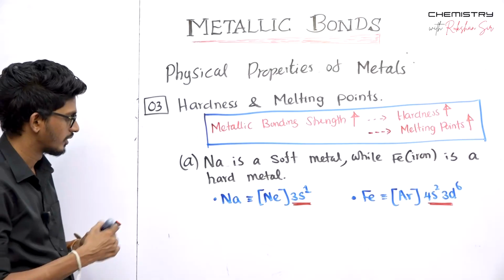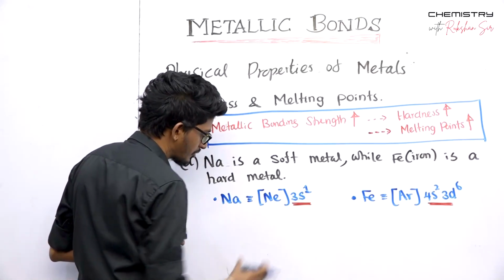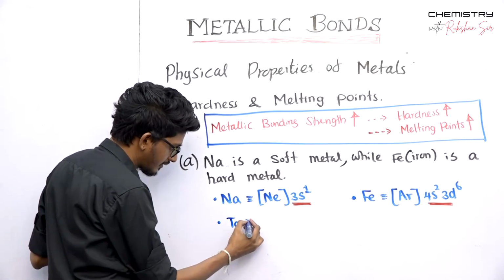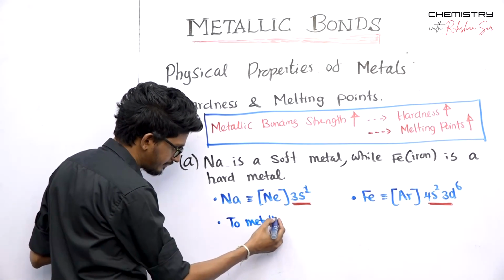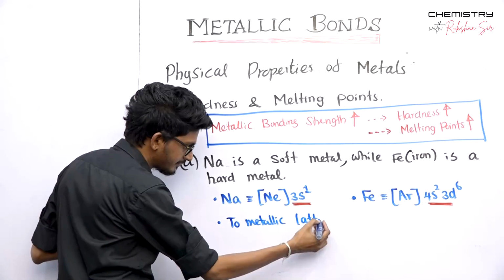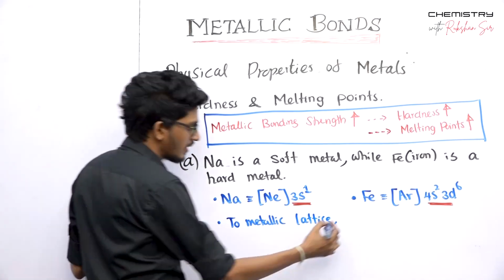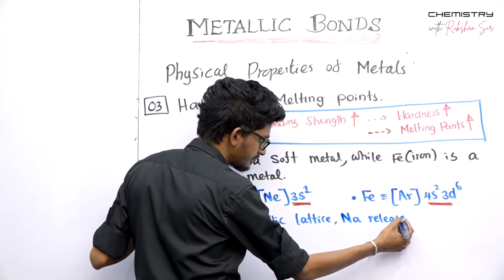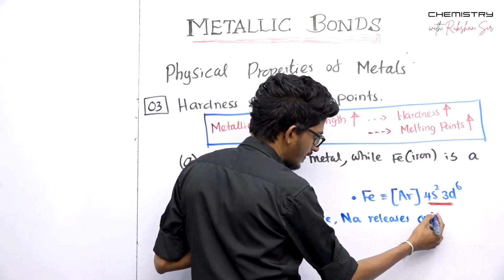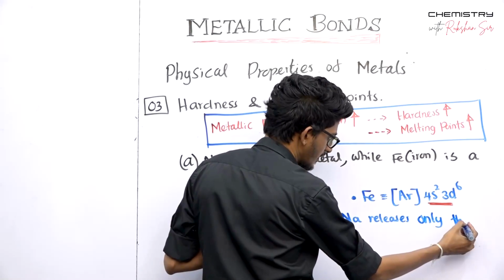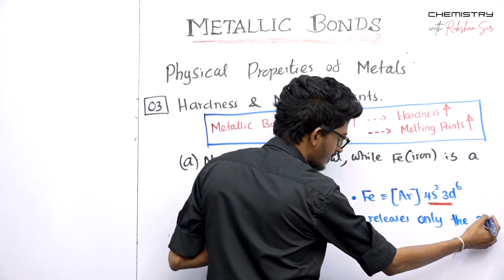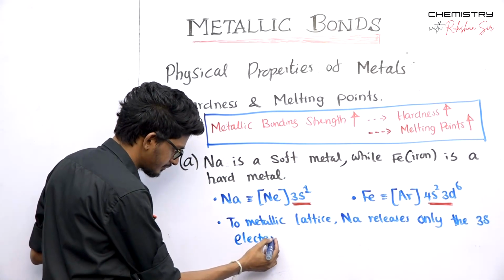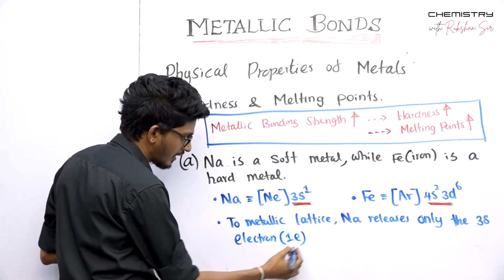So you can come up with the electron configuration and then write, regarding the metallic lattice, sodium releases only the 3s electron, only one electron.